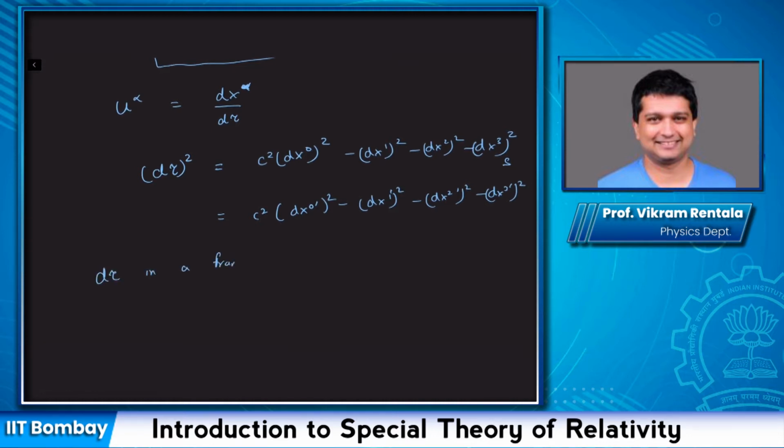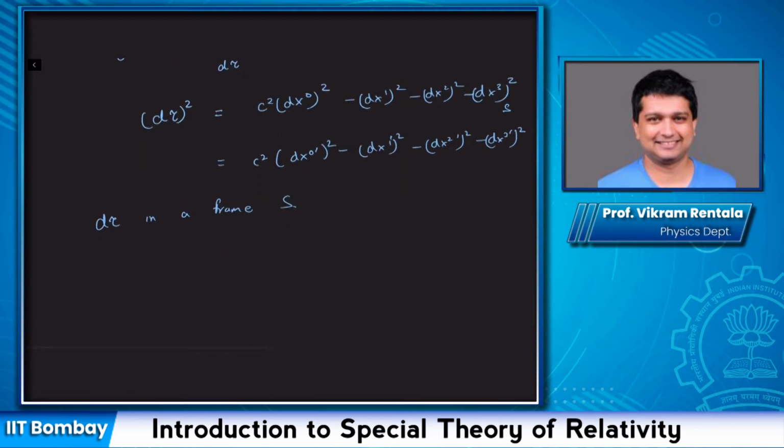So now let's write out the different components. Let's just work out dτ in frame S. A similar result will hold in frame S prime. So dτ in the frame S would be the square root of, it's a positive time that would have elapsed if we look at a time in the future.